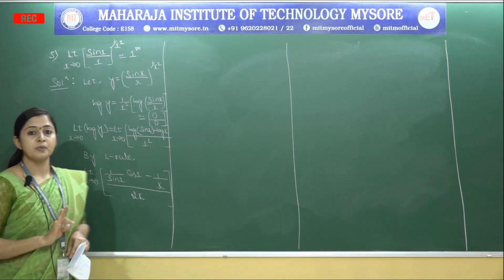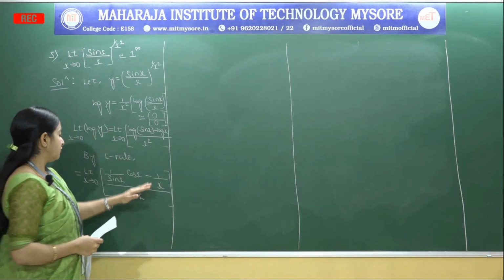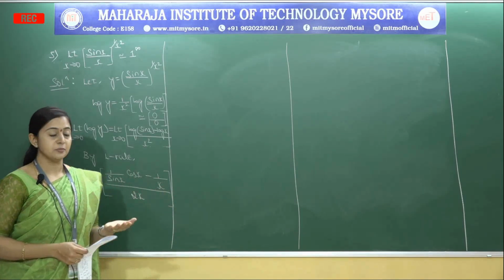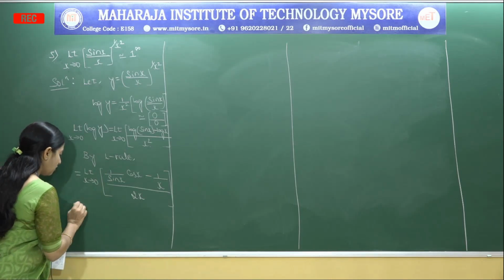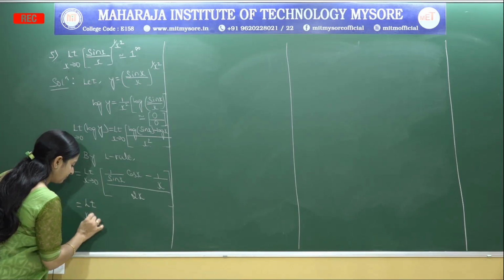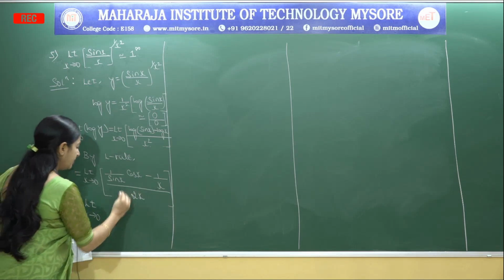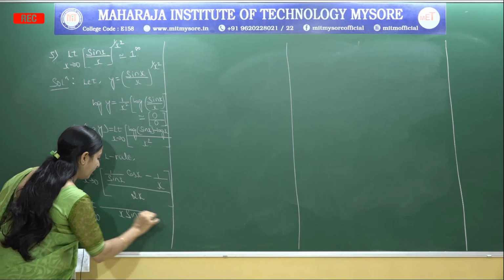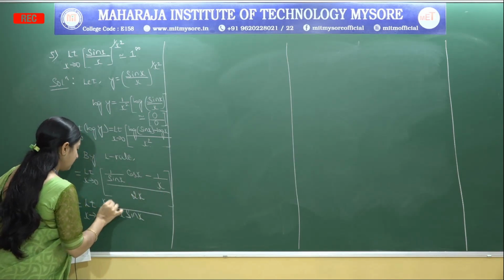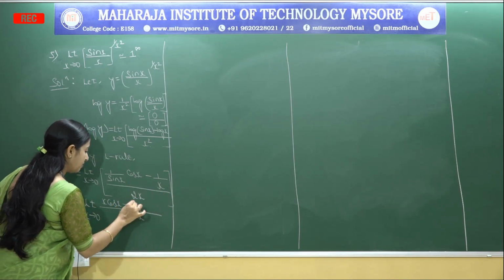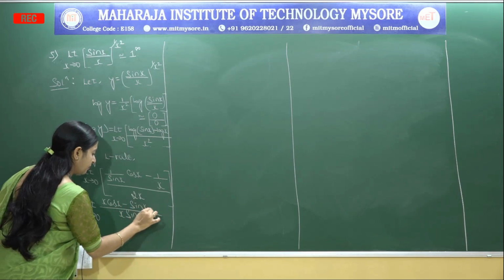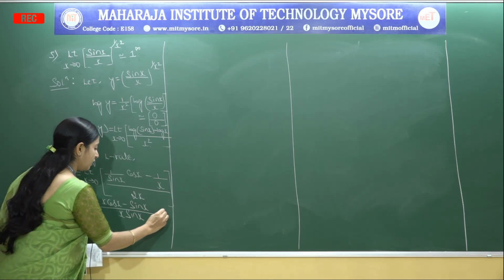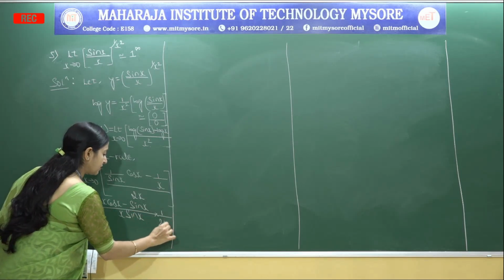First simplify this part by taking the LCM. The LCM is x sin x. First you take the LCM, then apply the property. So the limit as x tends to 0: the LCM is x sin x, the numerator, cross multiplying, is x cos x minus sin x. In the denominator you have 2x, which is 2x by 1, and you can also write it as 1 by 2x.